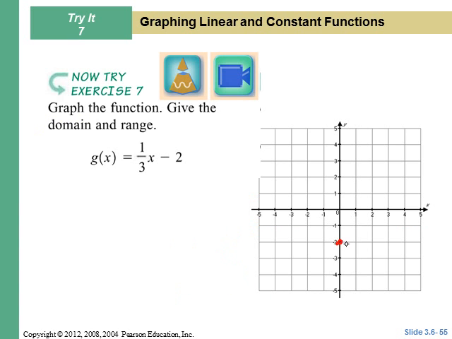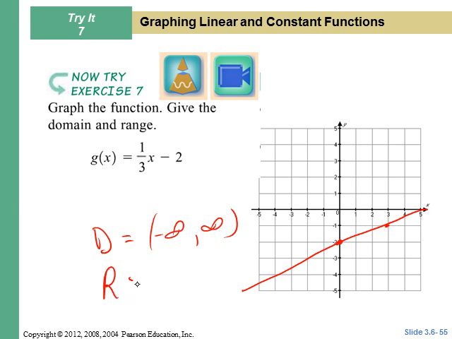So the intercept is negative 2, slope is 1/3. Give the domain. Domain is negative infinity to positive infinity, and the range is also negative infinity to positive infinity.